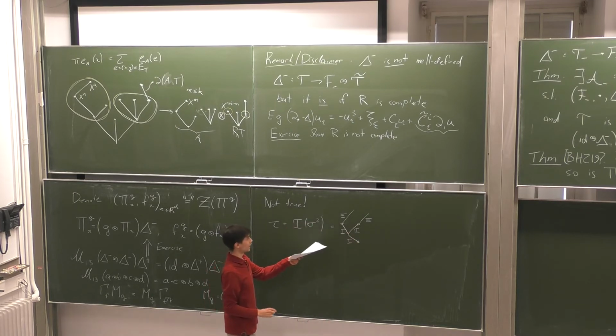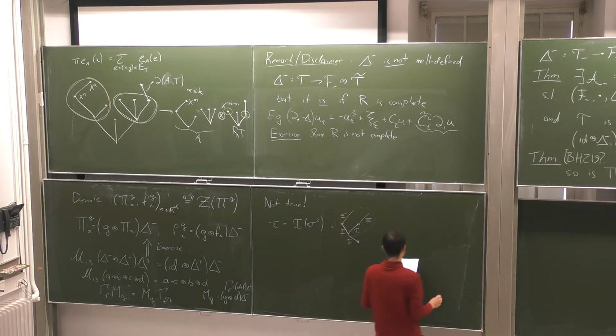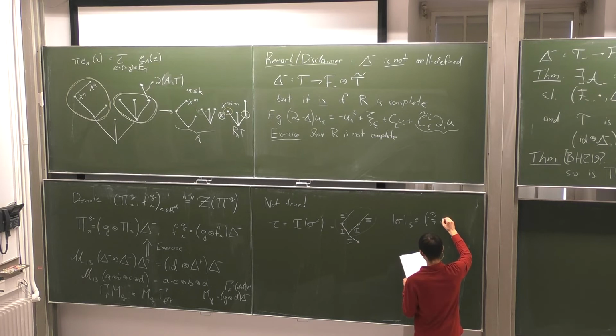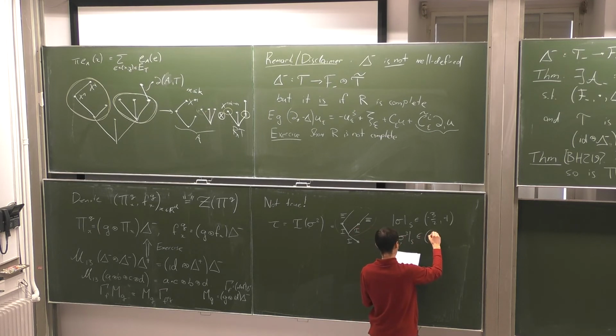Consider the following tree. So sigma squared is this big tree over here. And I pick my scaling so that sigma of s is in between, say, -3/2 and -1. So sigma squared is in between -3 and -2.